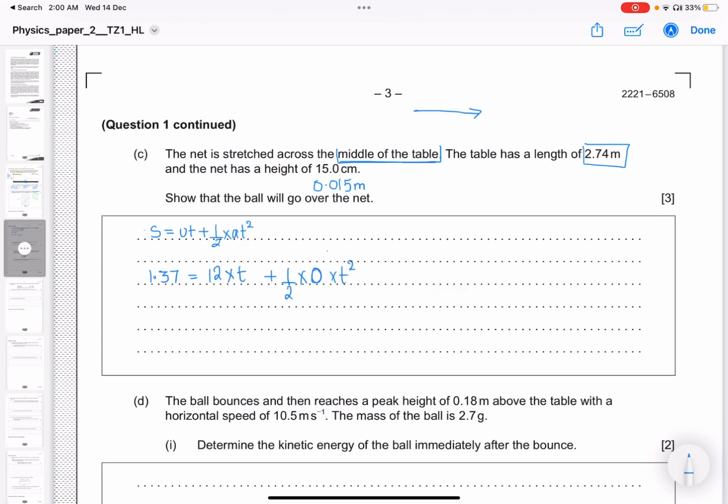This entire term turns into 0. So 1.37 equals 12 into t plus 0, so we'll ignore this. So t, punching this into the calculator, is 0.114 seconds. So at this time the ball has completed half the distance. Now we have to find its vertical displacement at this time.